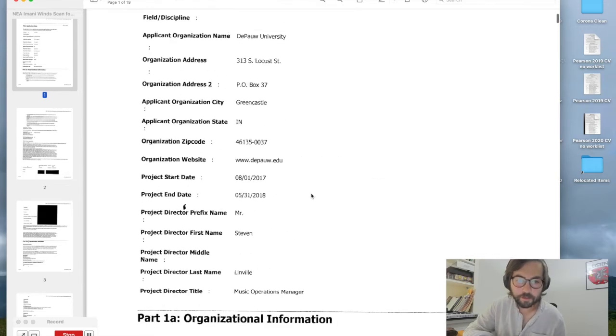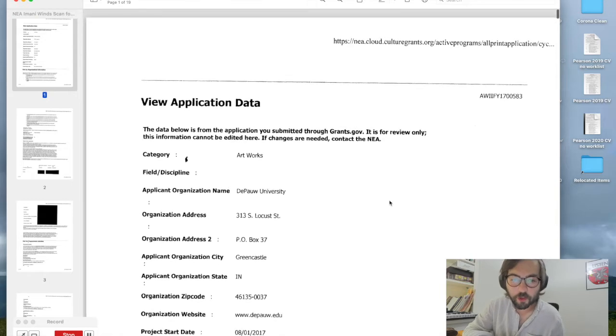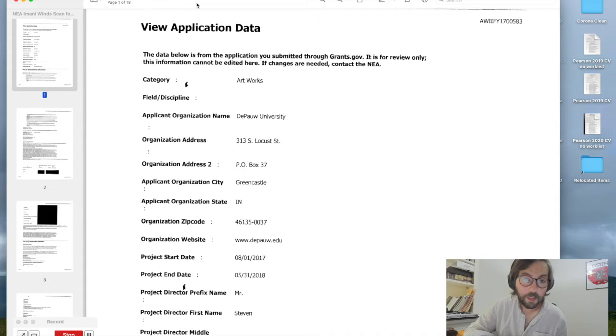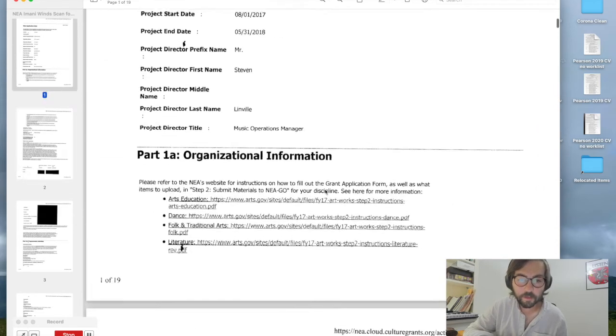Stephen Linville doing this excellent work. And this was to involve Imani Winds, who are of course back this year. And this application was to secure funds to bring them in as a guest artist for that season.